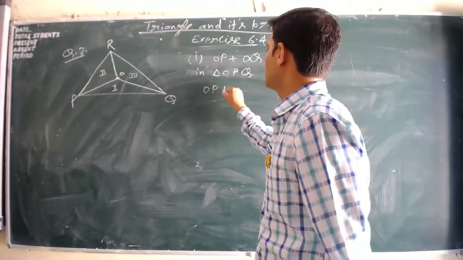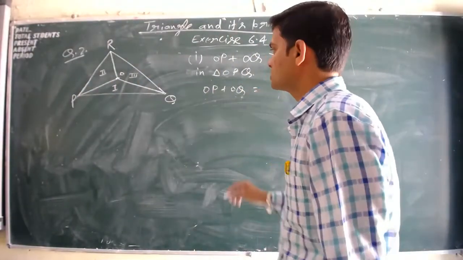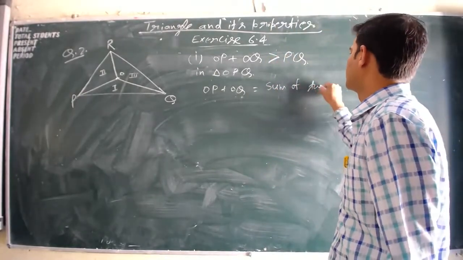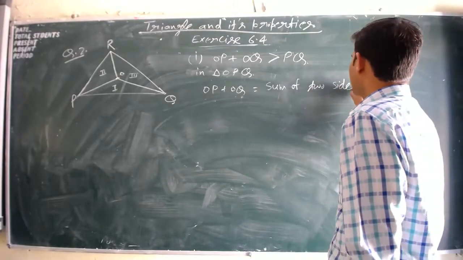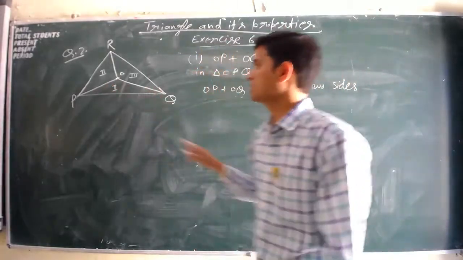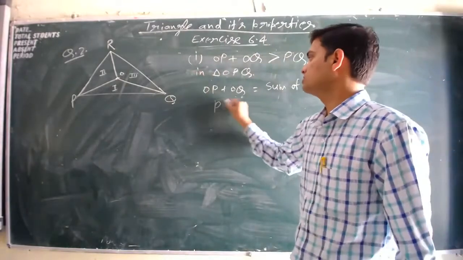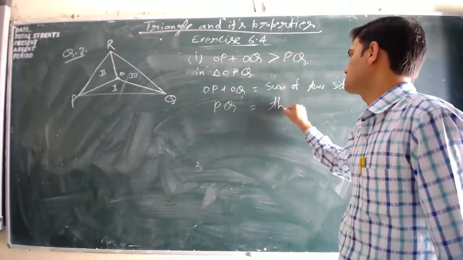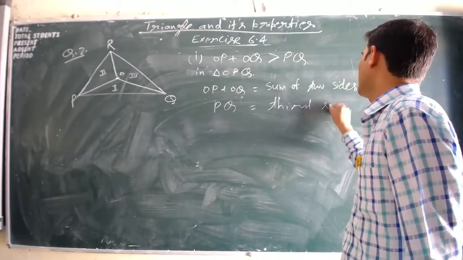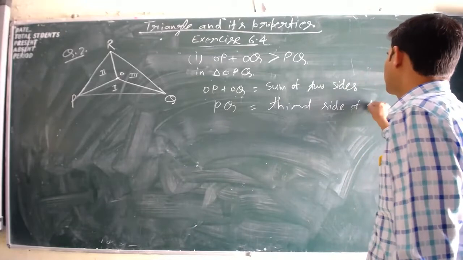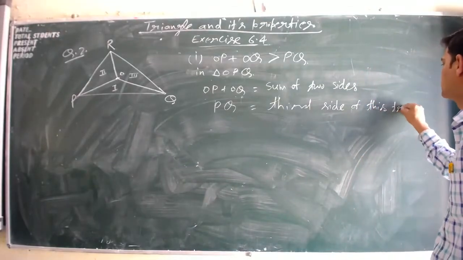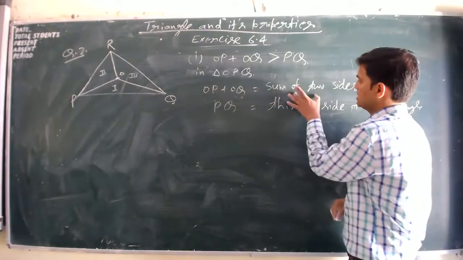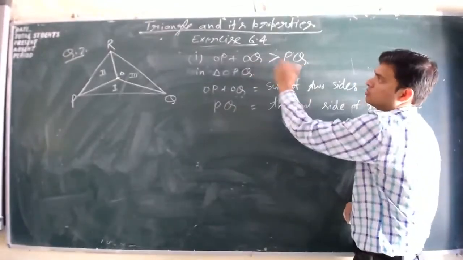OP plus OQ is the sum of two sides. Look, OP and OQ are the sum of two sides, and PQ is the third side of this triangle. Okay, it means, this is what is given: the sum of two sides should be greater than the third side.